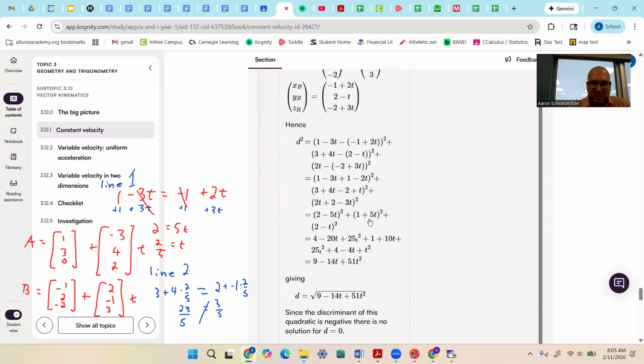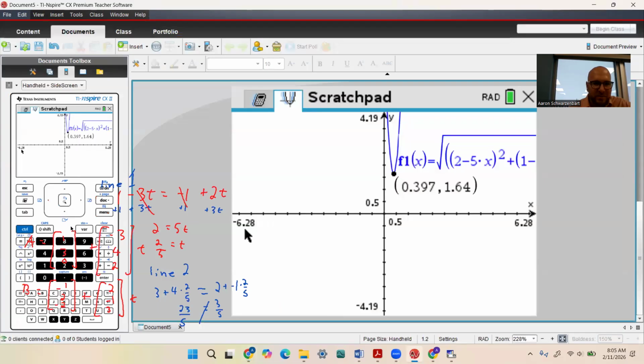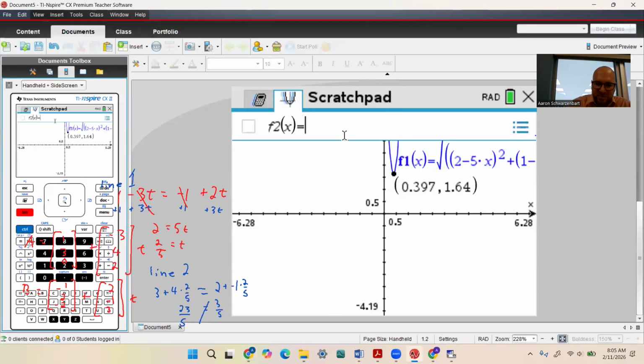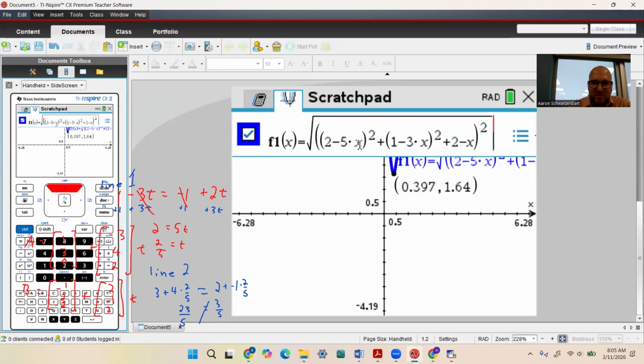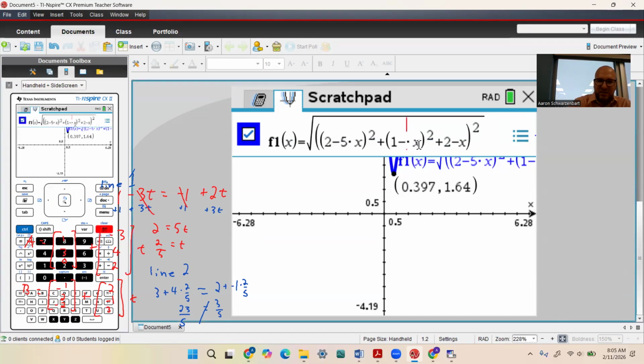So 2 minus 5t, 1 plus 5t, and 2 minus t. I'll have to look again here. They've got a 5 here.